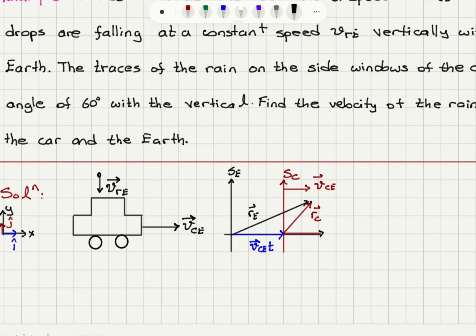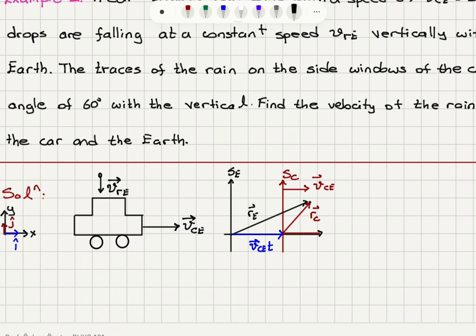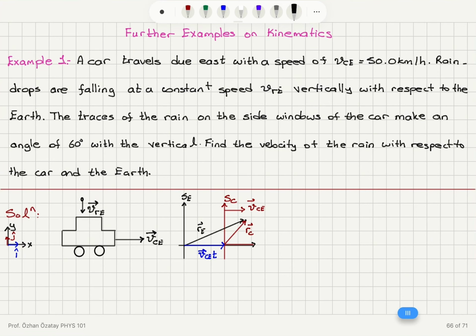Okay, so here's our car that is traveling due east with a velocity with respect to Earth VCE, and raindrops are falling vertically down with a velocity VRE with respect to the Earth. And you can see that I have two reference frames, car reference frame and Earth reference frame.